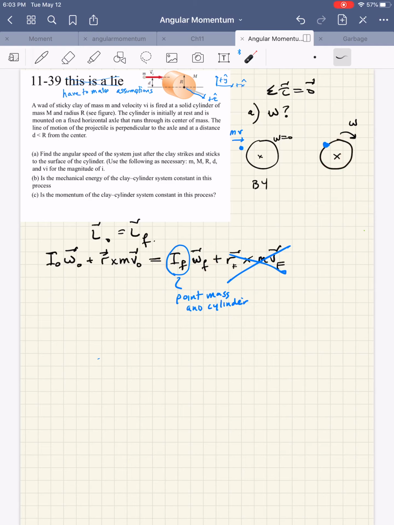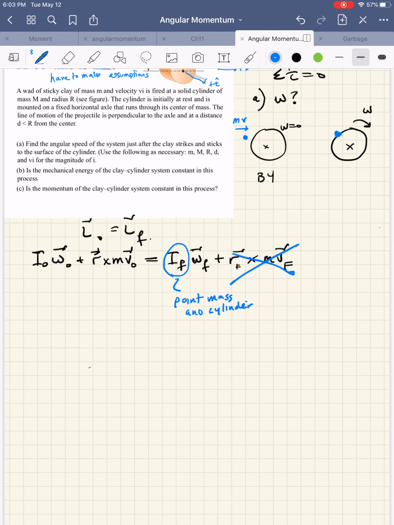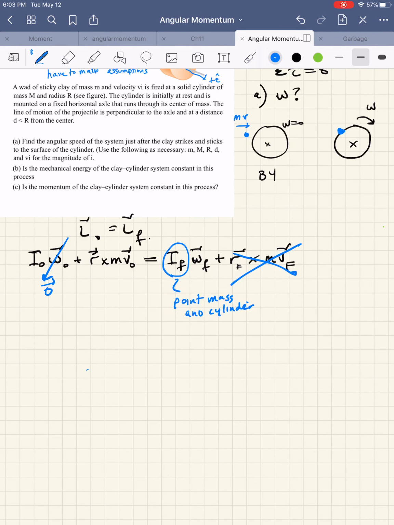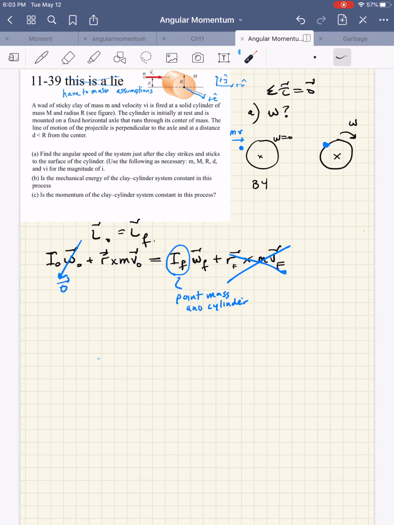But before the collision, I have the possibility of both. Maybe this one was rotating, but it's not. So there is no initial angular velocity. There's only an incoming initial momentum from the point mass. So really what this reduces to is r cross m v naught equals I final omega final.